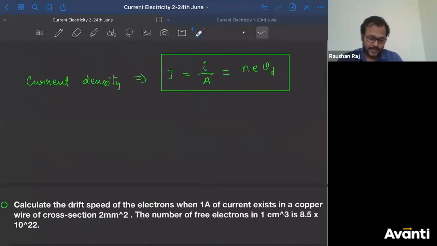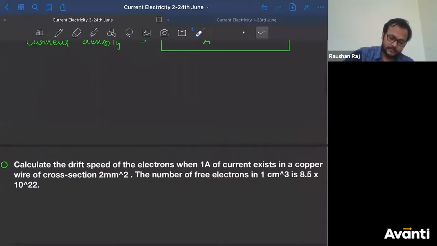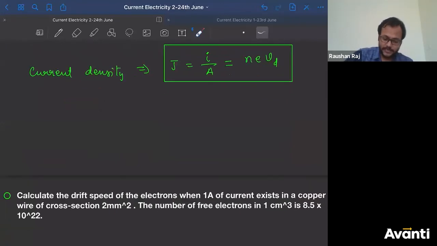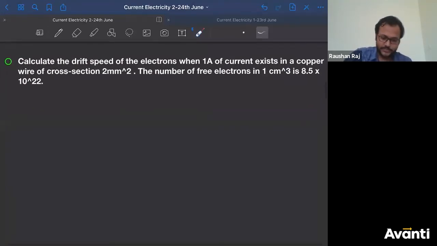So next, related to these concepts, there are a few numericals that I've added. I expect you to solve these questions in the class. Come on guys, try to get the answer for this question.